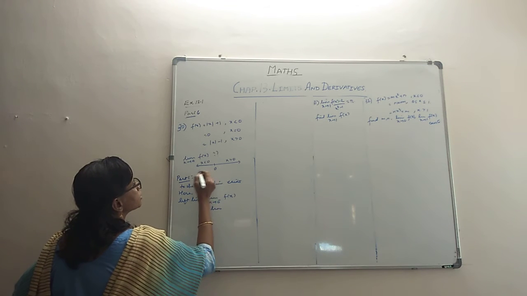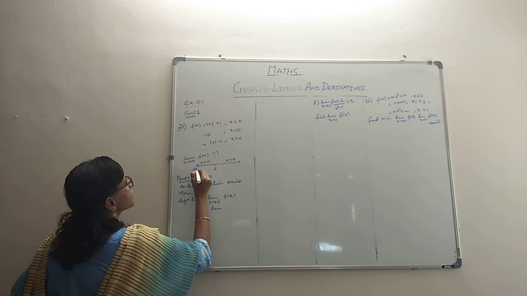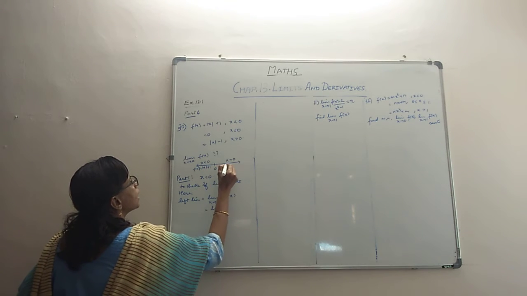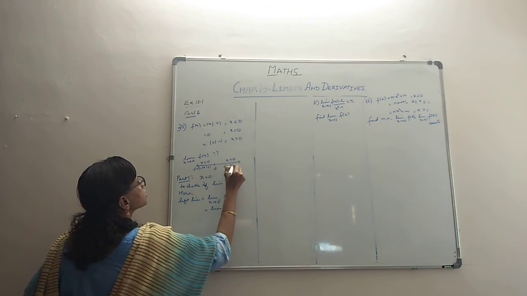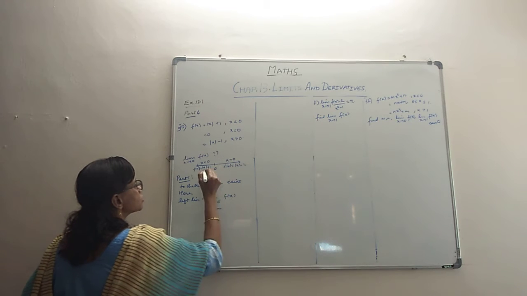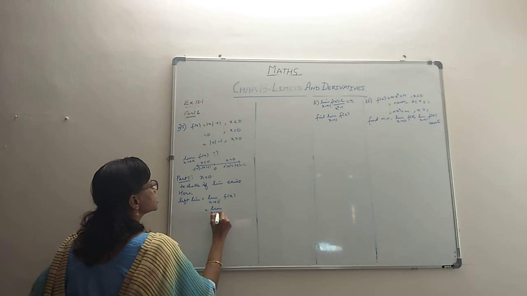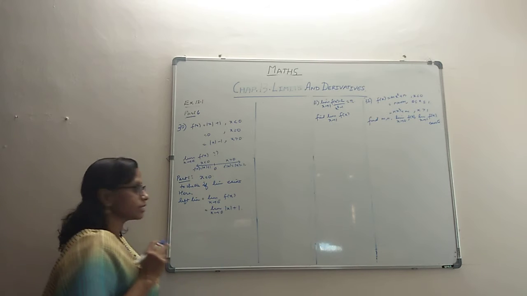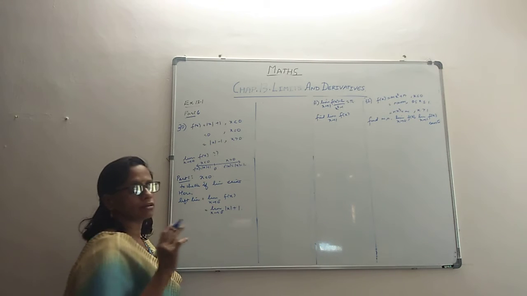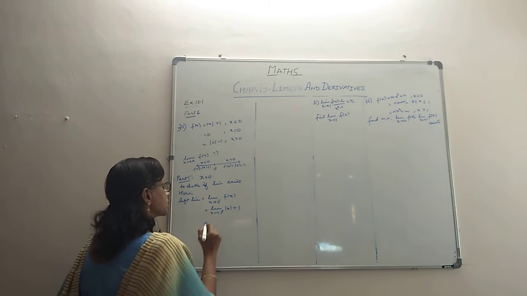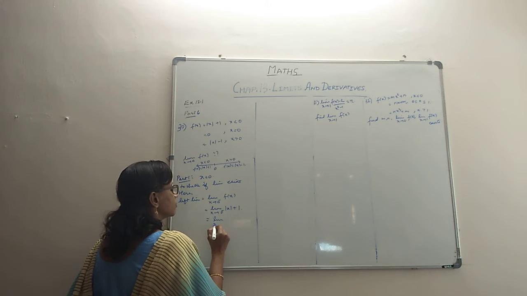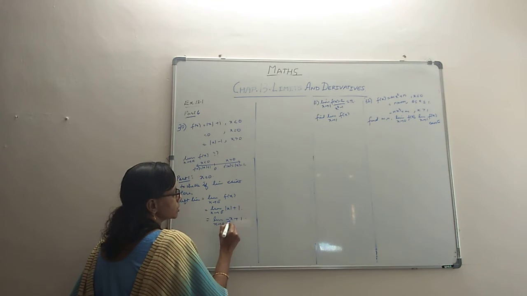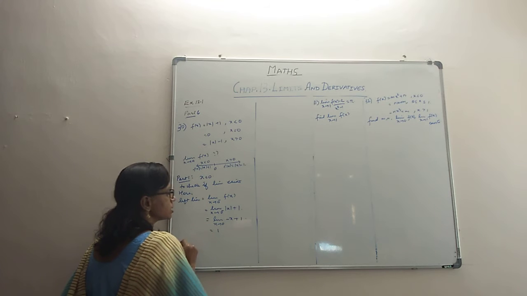On this side the function is defined as modulus of x plus 1, and on the other side it is defined as modulus of x minus 1. So here the definition we take is modulus of x plus 1, and on the negative side of 0 we know that modulus of x is minus x. So the value is minus x plus 1. When we substitute x as 0, we get the value 1.